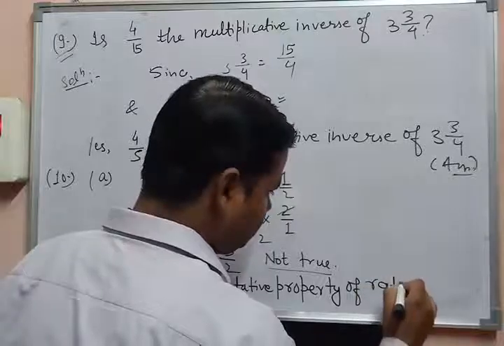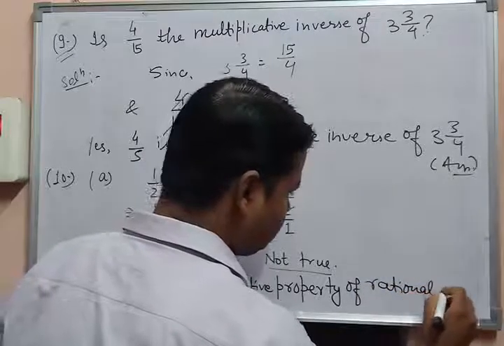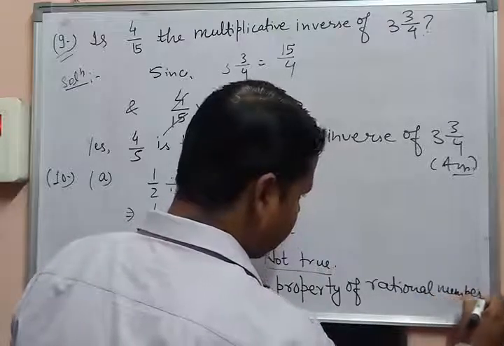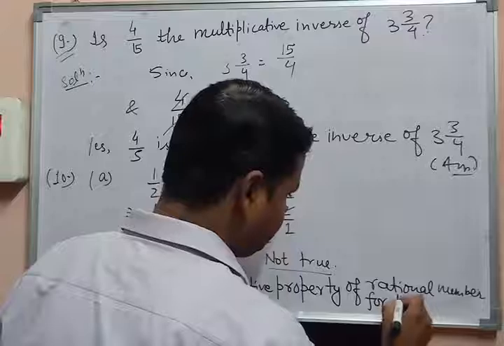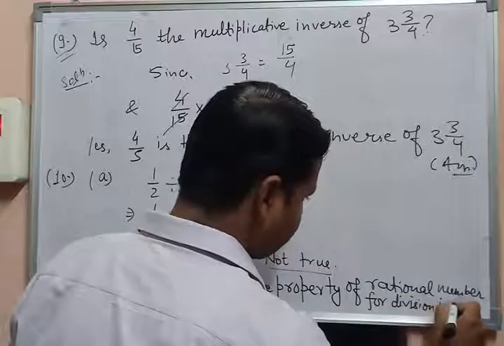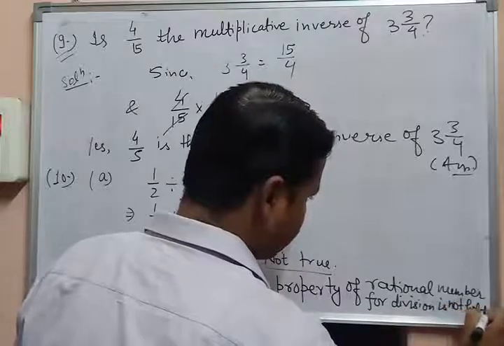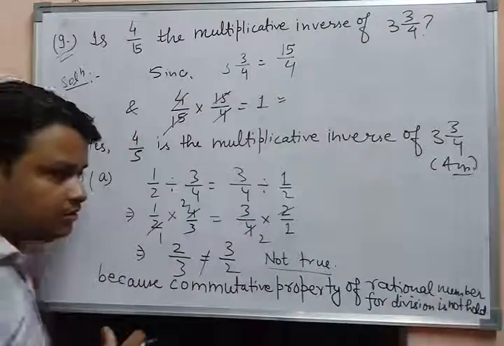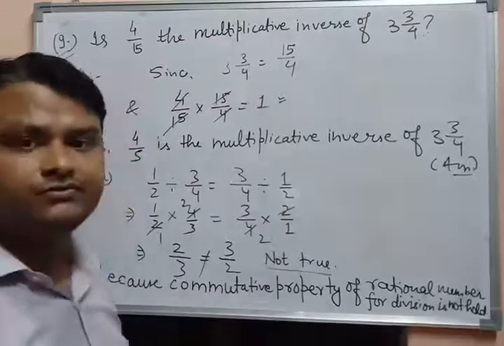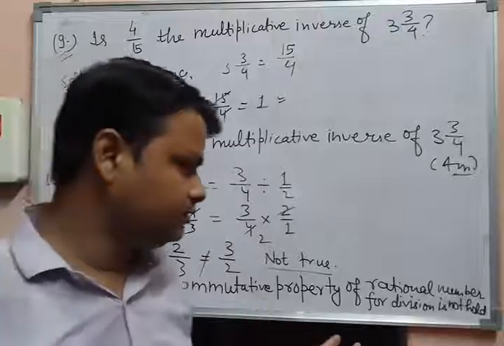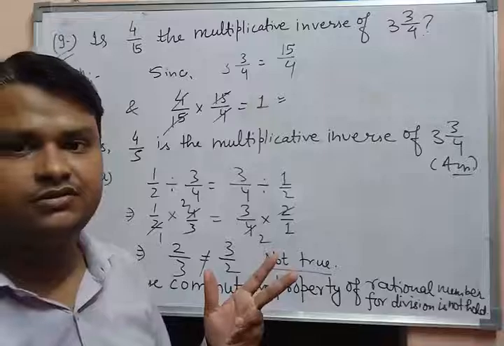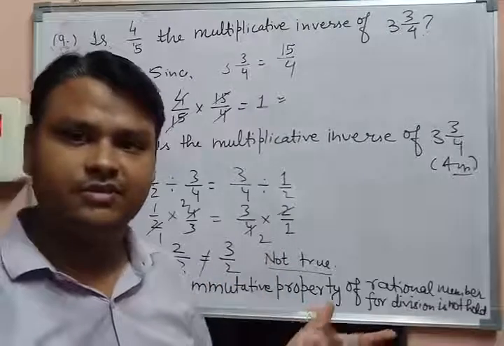rational numbers for division does not hold. It means the commutative property holds only for two operators, addition and multiplication.